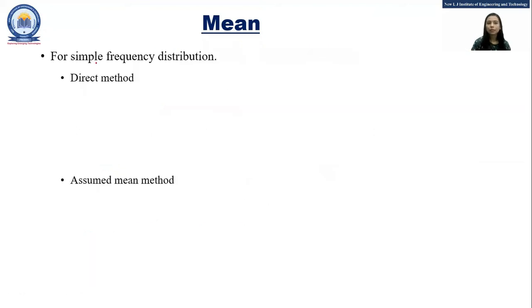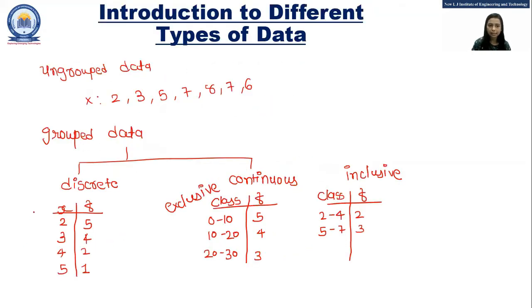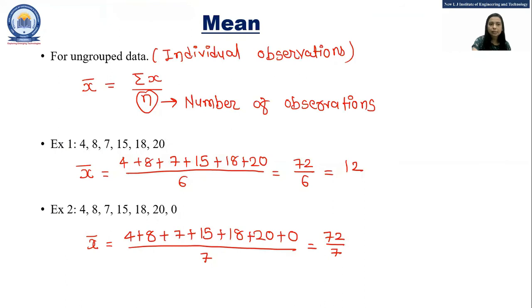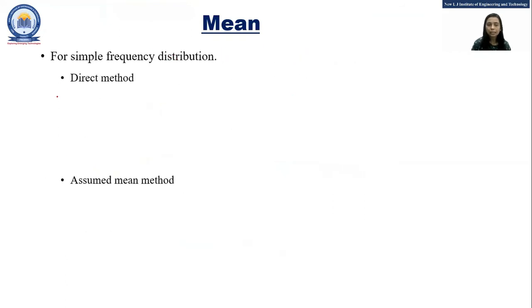Now moving to the next. If you are given a simple frequency distribution, that means a discrete series like this, the mean is found through two methods: the direct method and the assumed mean method. The formula for the direct method is x bar equals sigma fx upon N, where N is nothing but sigma f. So sigma fx upon sigma f.